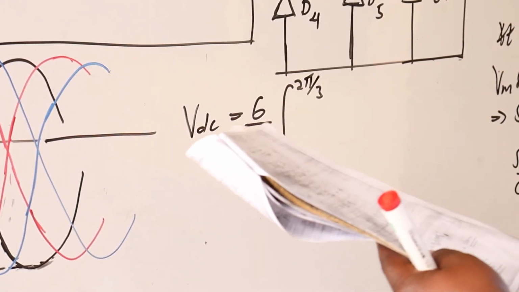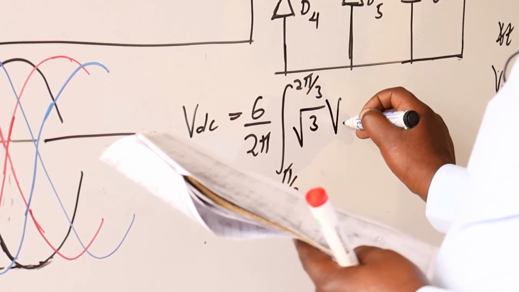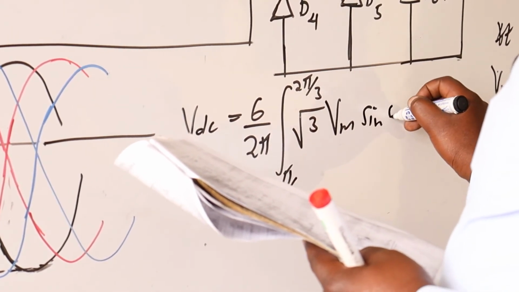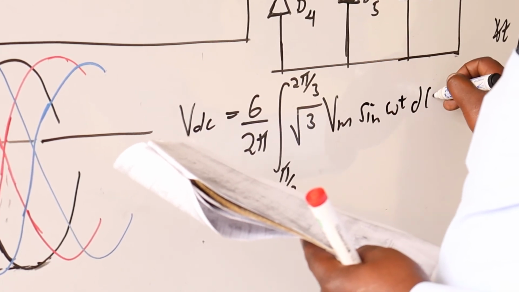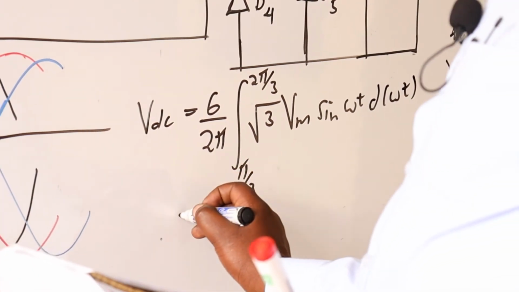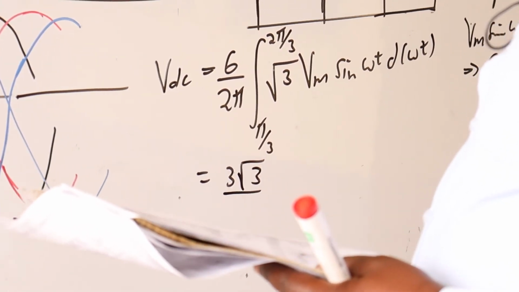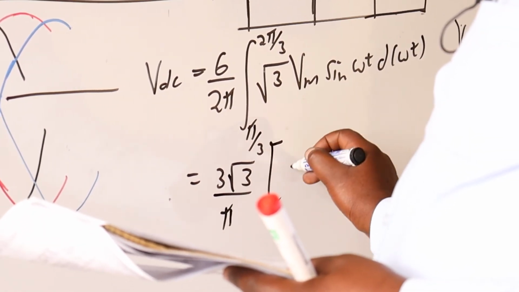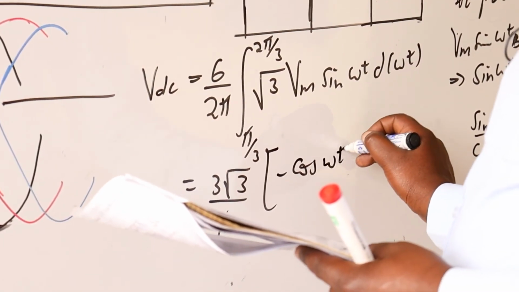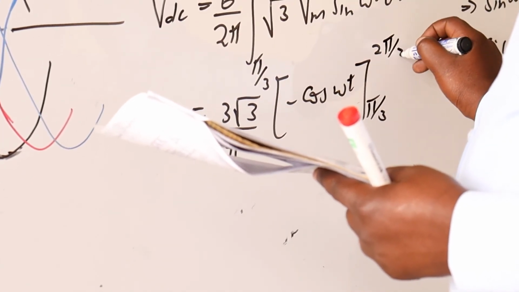Then our voltage here, root 3 Vm sine omega t d omega t. So we shall have 3 root 3 all over pi into negative cos omega t, from pi over 3 to 2 pi over 3.